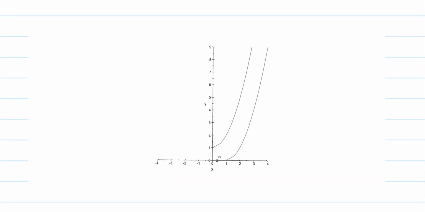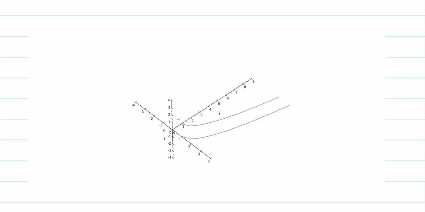So we're looking straight down onto the xy plane here, and we can see our g of x, which is the curve closest to the y-axis, and f of x is this outer curve here. So we're going to rotate these two curves about the y-axis 360 degrees. So if we just turn our graph a little bit, then we can see the z-axis coming up here, and rotating these curves about the y-axis, it'll look like this.